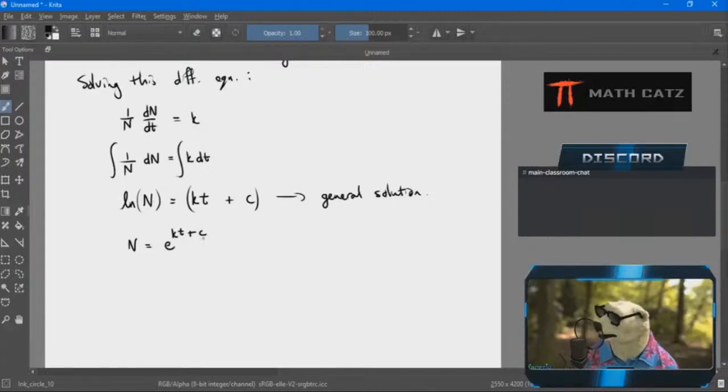So I need to use my initial condition to find the value of C. So we still need to find C.